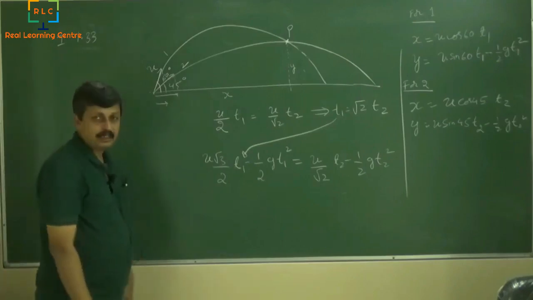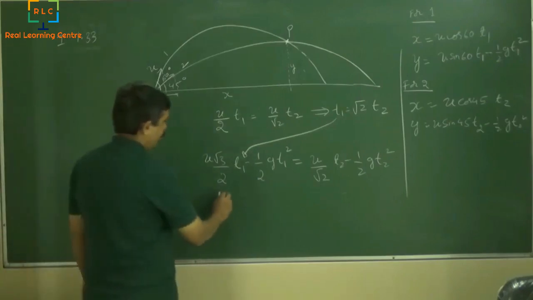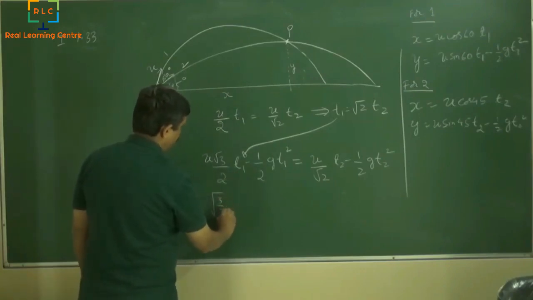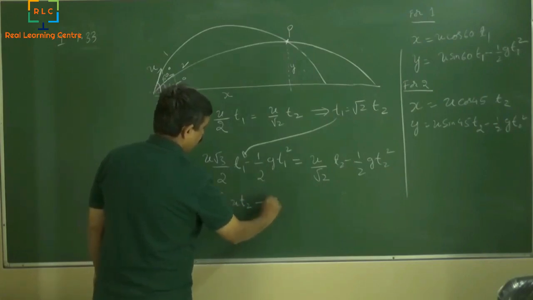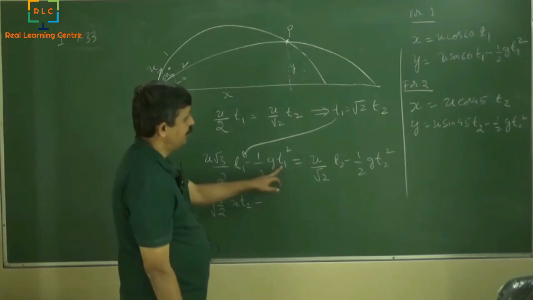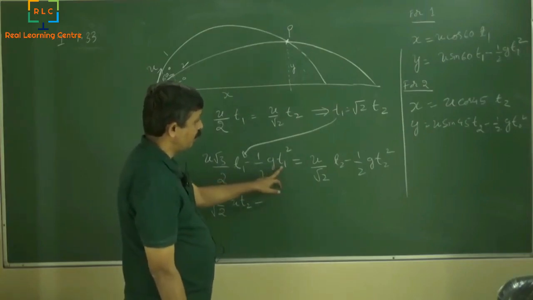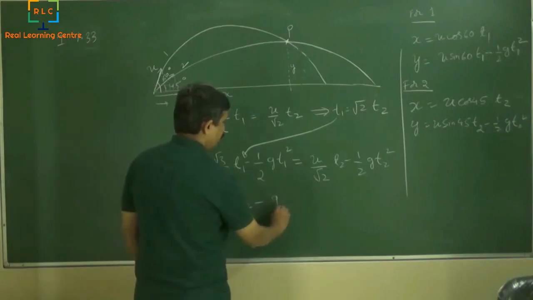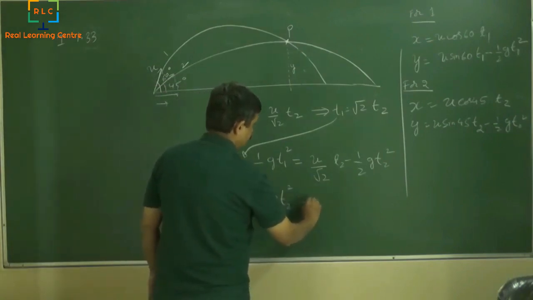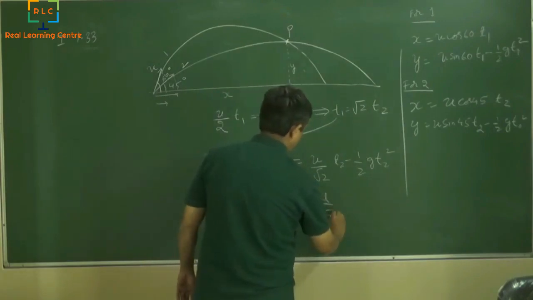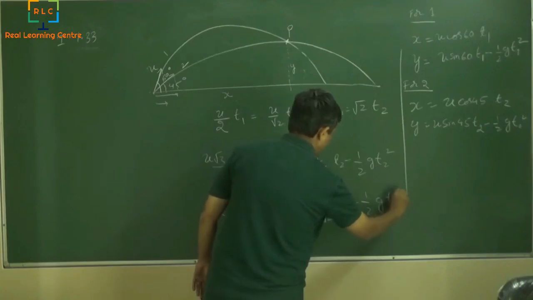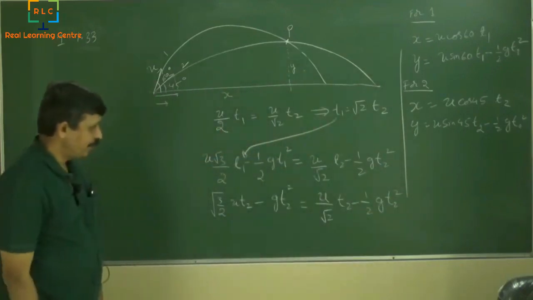Then I can eliminate T1 and get directly only T2s. So root 2 T2, if I put here, it will become root 3 by 2 u T2 minus, this T1 is root 2 T2, whole square is 2, the 2 gets cancelled, so it will become g T2 square, is equal to u by root 2 T2 minus half g T2 square. Simplify it for T2.